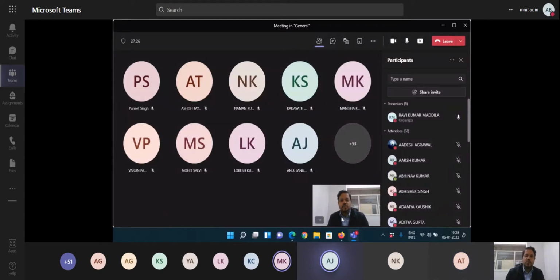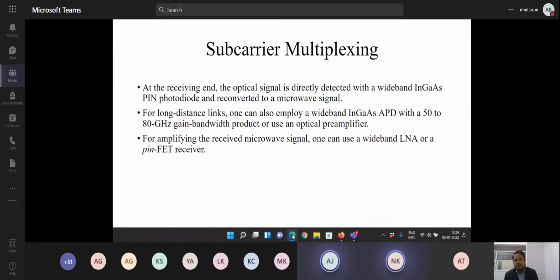Okay. LNA refers to a low noise amplifier. So a wideband LNA refers to an amplifier that can work over a wide frequency range. Fine. So when you have multiple carriers, all these subcarriers use radio frequency or microwave frequencies.